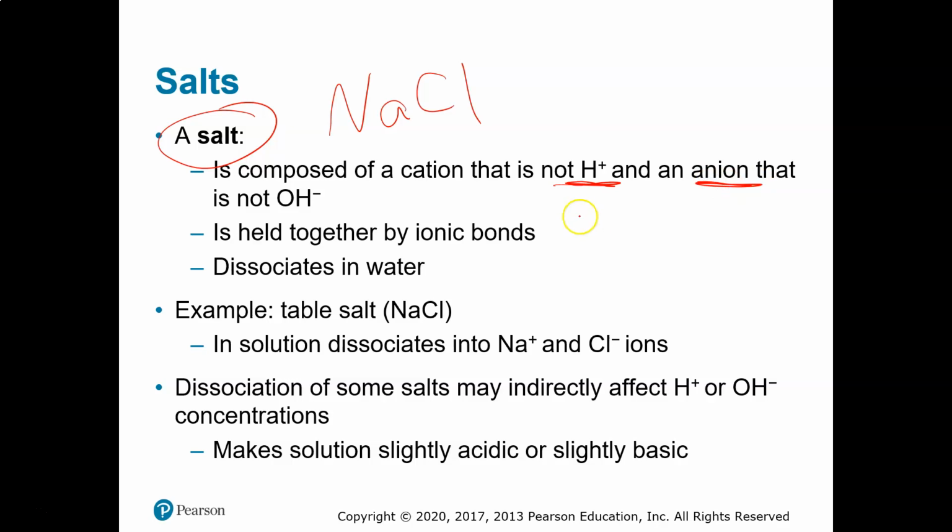So you can have potassium chloride, you can have magnesium bromide, because in all of these, the first ion is a positive ion or a cation, and then the second one in the formula is an anion or a negative ion. So these are our different salts as well.